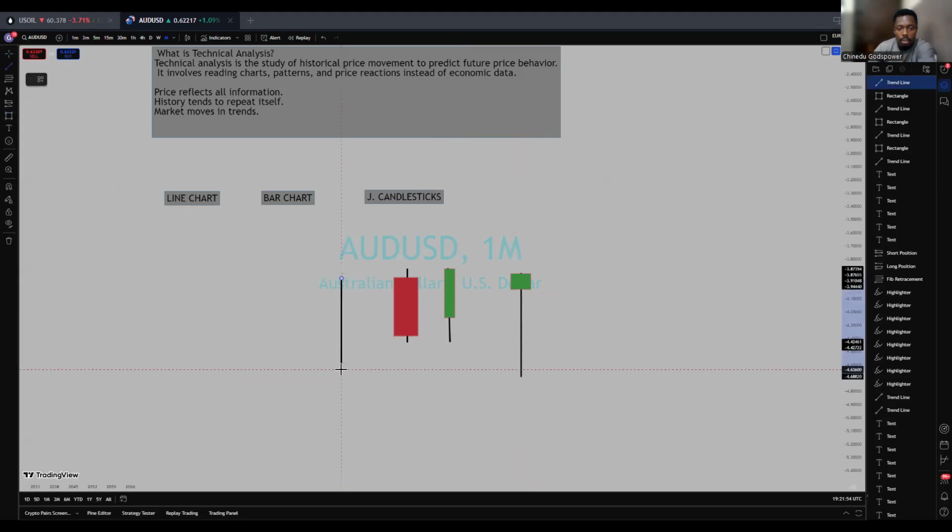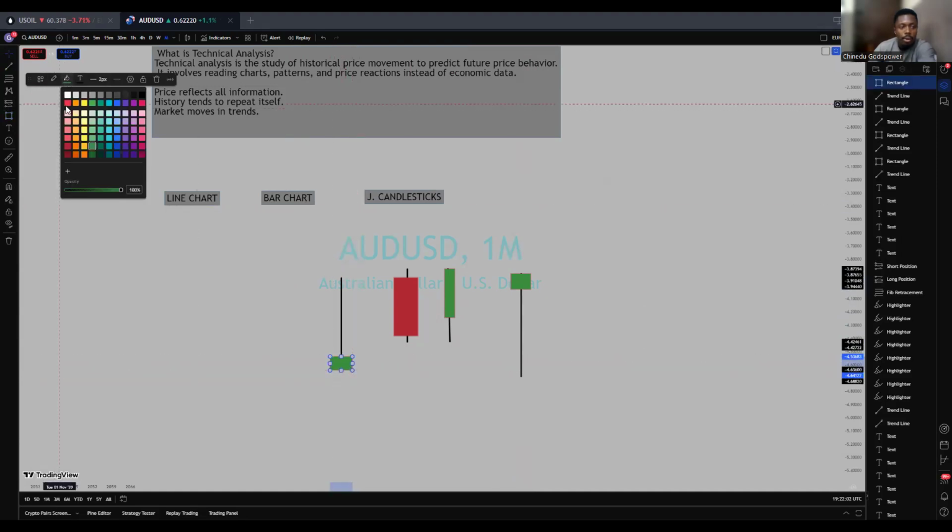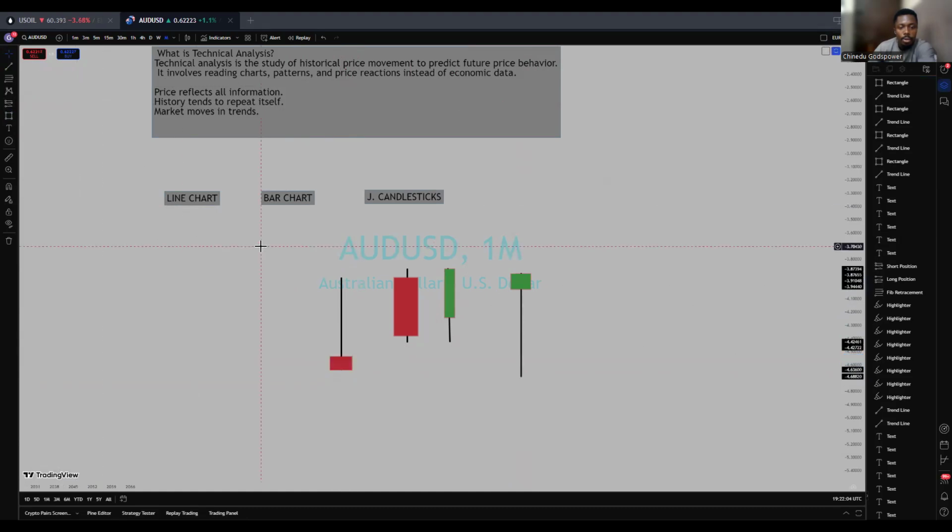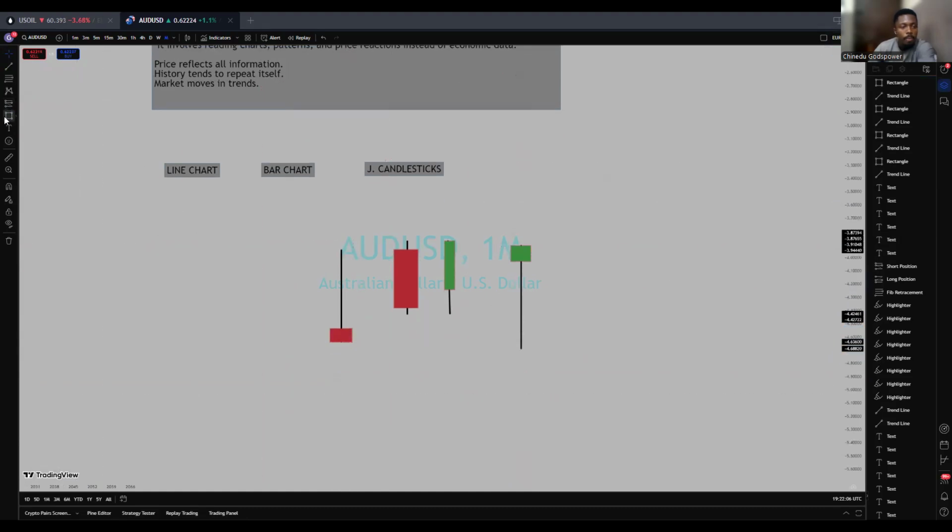We have something like this. All of these candlesticks have serious stories. There are a lot of them, and we're going to study all of them. This is an engulfing candle. All of them have a story.